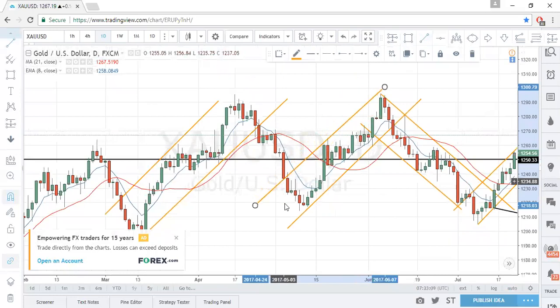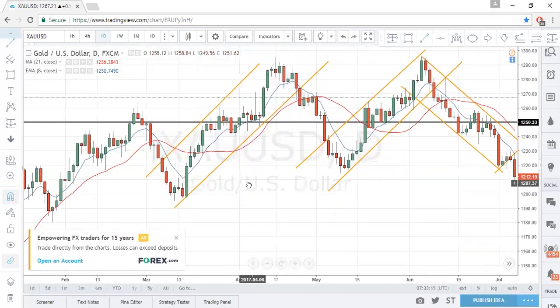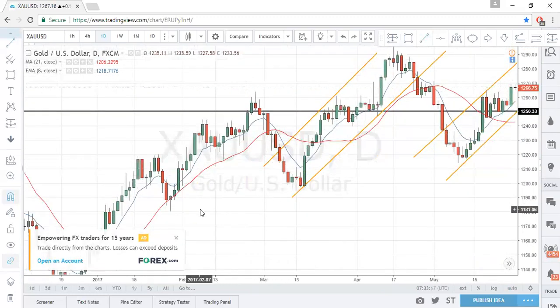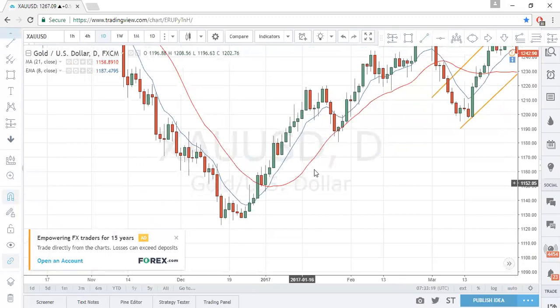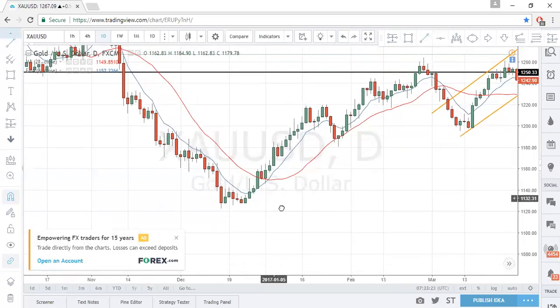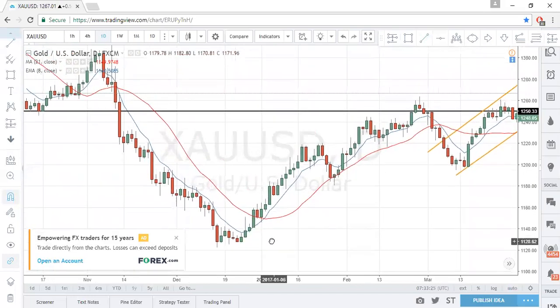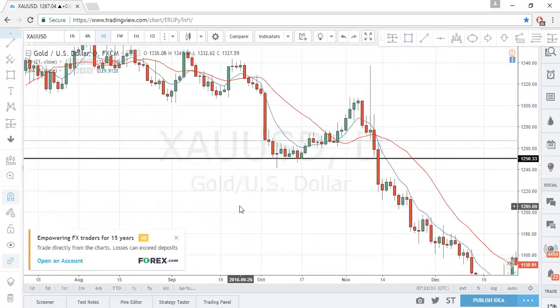Perfect bullish trend, bullish channel. Once you're able to identify channels, going into trades will be very, very easy, because now you know the direction the market is heading towards. For instance, here, a perfect channel is going all the way up.